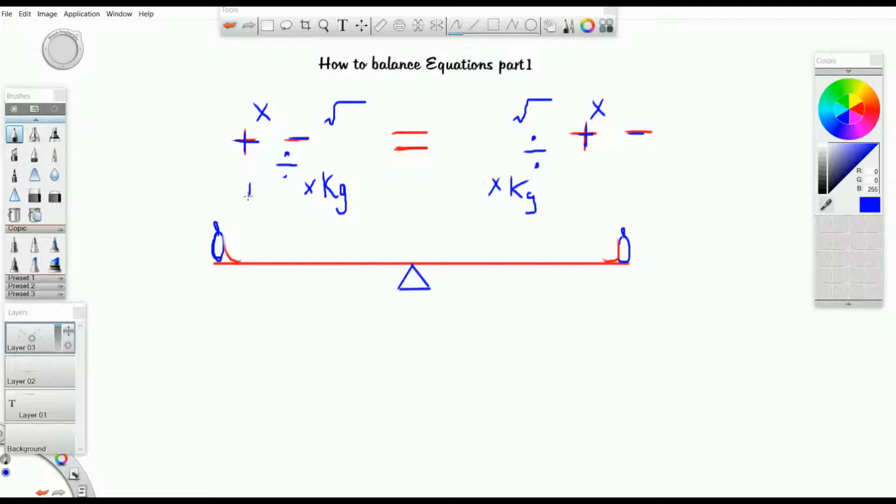Other units include meters, usually referred to as m. It could be centimeters. I'm just going to put a divide sign in front of that centimeter. Divide by centimeter units, or even any symbols. The same thing applies. So I could multiply by, I don't know, maybe the letter A.